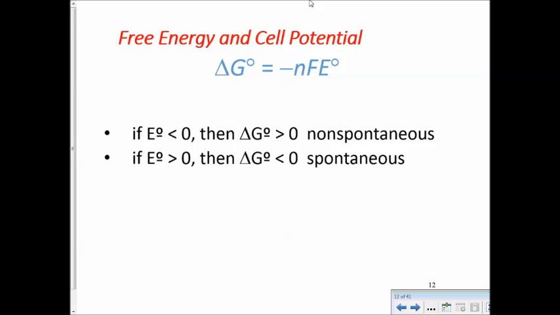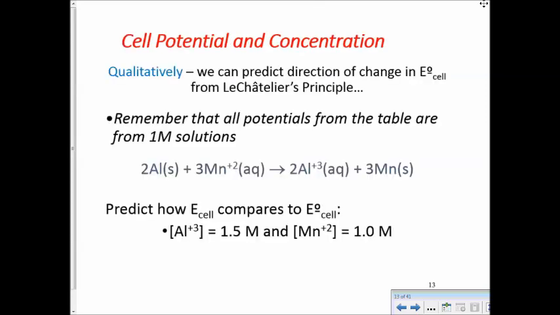And we know it's spontaneous. If the E cell is negative, we know delta G must be positive, and it's not spontaneous. In order to get a non-spontaneous cell to run, you have to provide power for it, and that's later on in the unit. That's called electrolysis. And we would add power to make it run in the other direction. Cell potential and concentration.